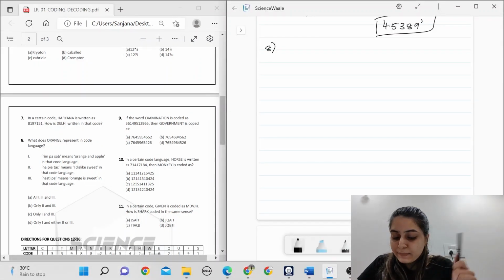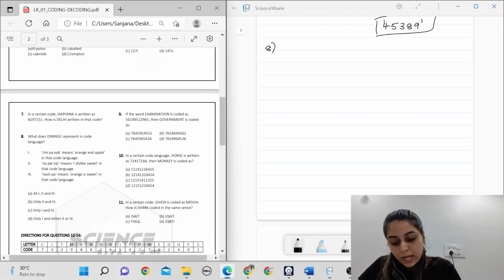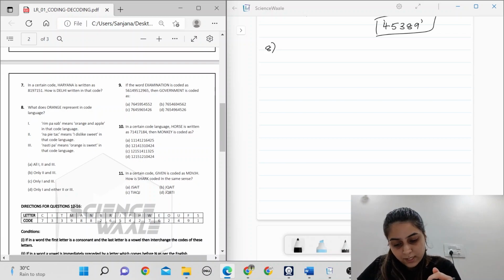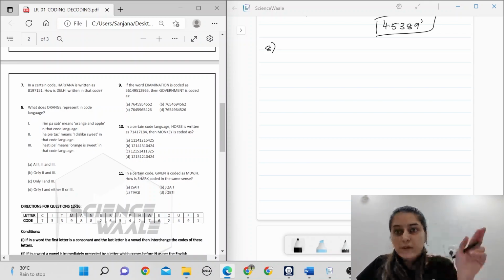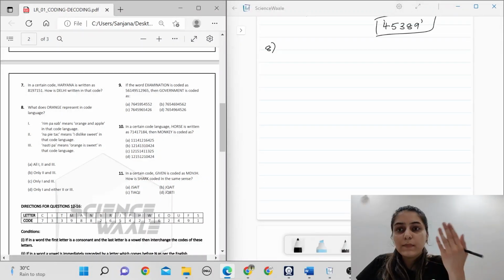Na Pai Tak means I dislike sweet, and Nasti Pa means orange is sweet. What they have asked is what does orange represent? So if we look at the first and the second statements in the general language they have given us, there is no similarity in the first and the second statements.